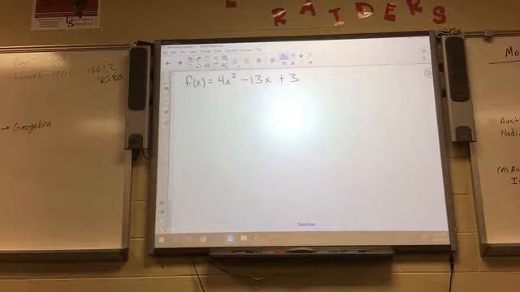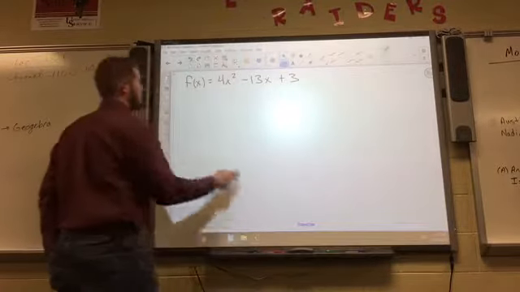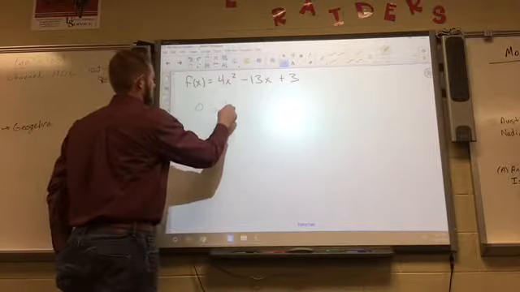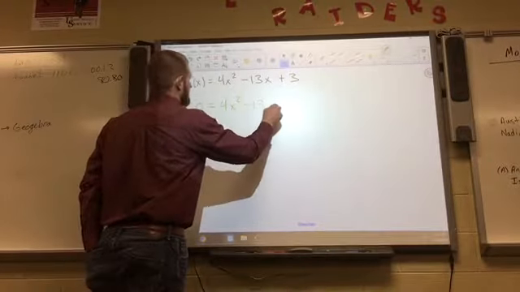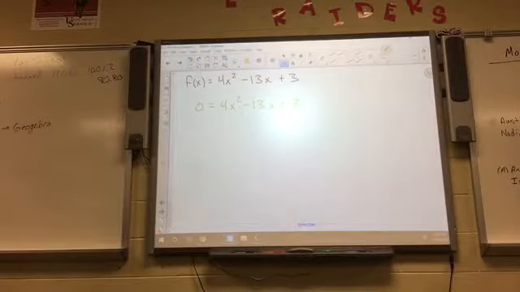So there's currently two variables, a y and an x. What they tell you here for the directions is they ask you to find the zeros of the function. It means the exact same thing. The only difference is they didn't plug 0 in for you, so you got to do that. They say find the zeros of the function, you plug in 0. Don't let them confuse you. You're still doing the same thing.